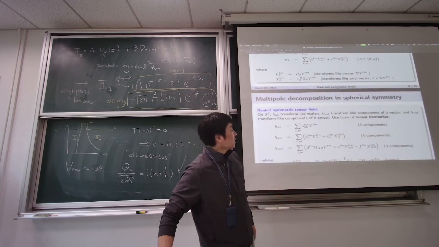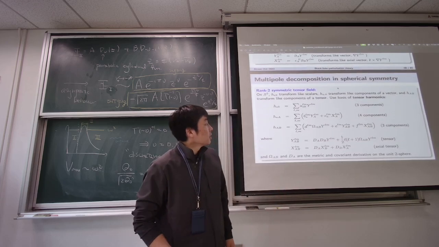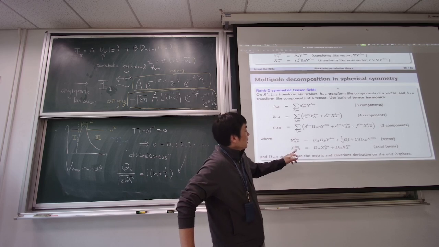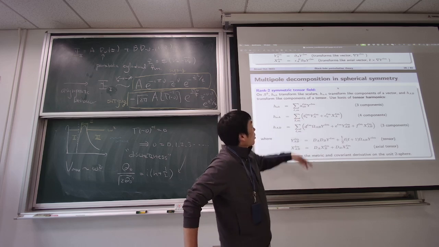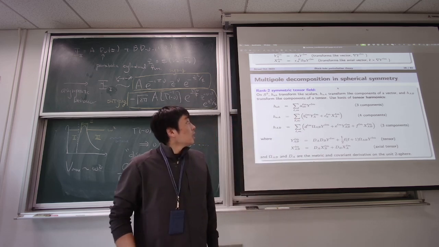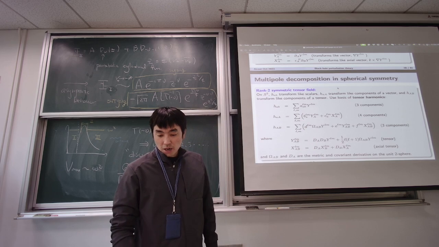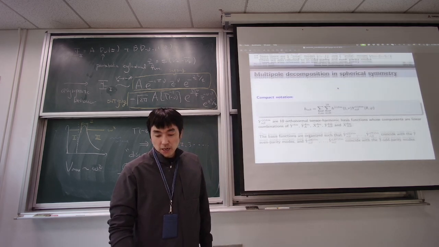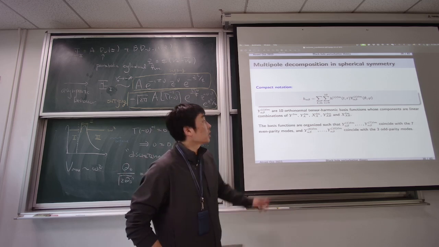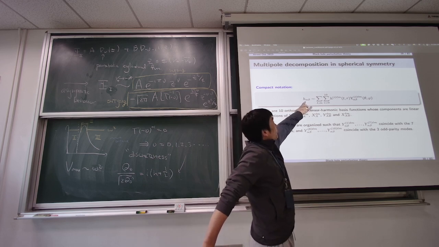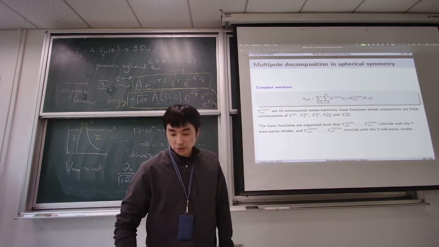For tensor, it's much more complicated. The even part involves some derivative of spherical harmonics. Those are the tensor spherical harmonics. And he explained how you do the expansion of the perturbed metric in terms of spherical harmonics here.